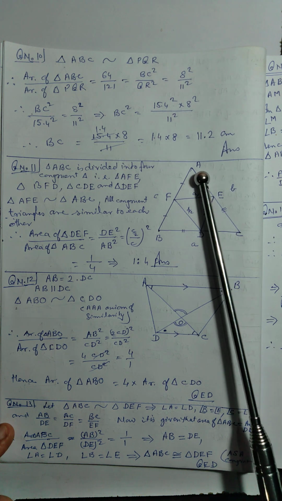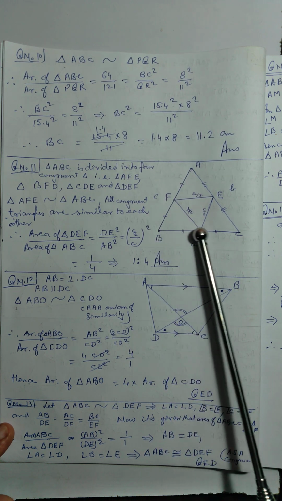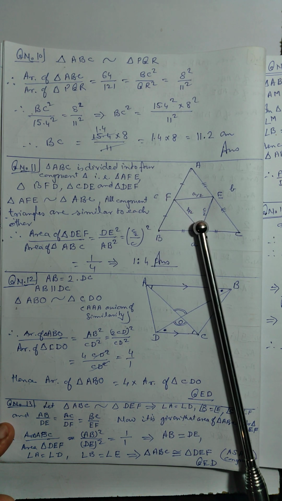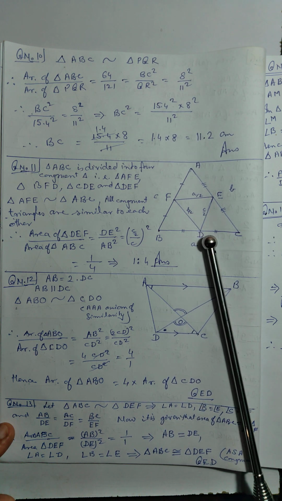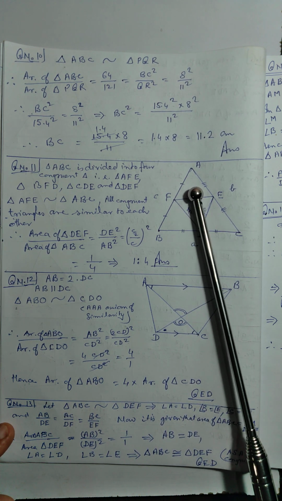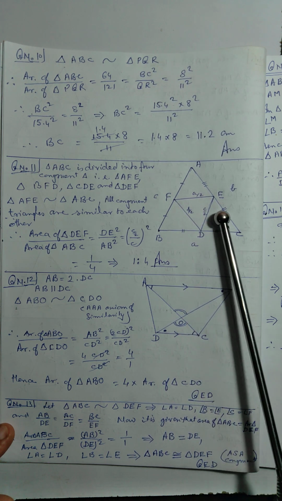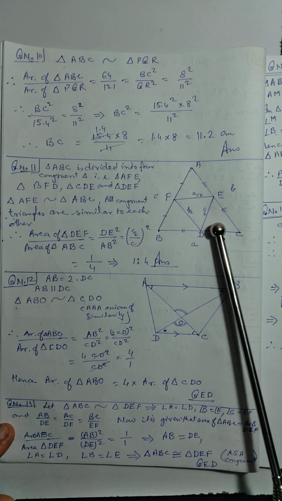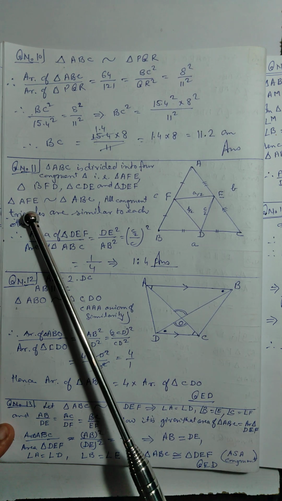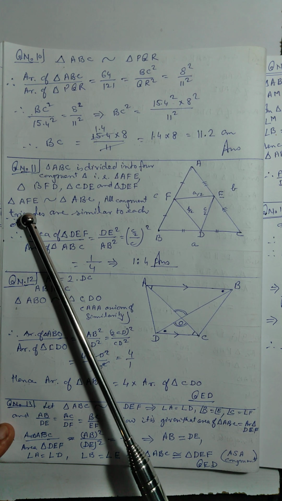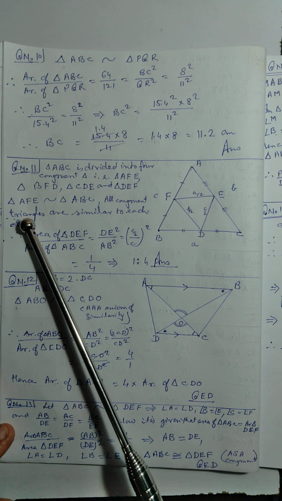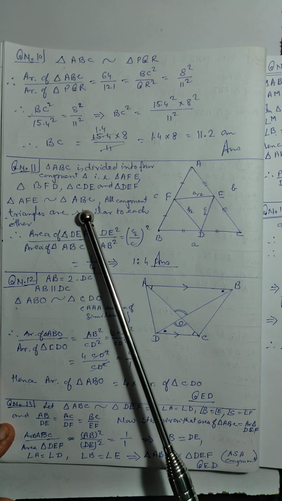अब हमने पहले बताया कि this complete ABC has been divided into four congruent triangles. So all congruent triangles are similar. So these small four triangles are similar. So in case, if I have taken only one case, AFE is similar to triangle ABC.